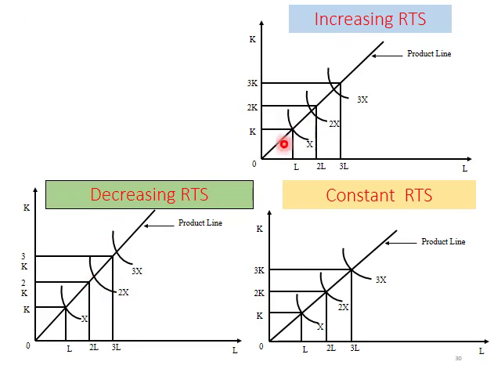And in this case, the first one is K and L, and when we double labor and capital to 2L and 2K, the output is above 2x, above double. So it is increasing return to scale. And this one is when we double the input, the output will be doubled. So this one is constant return to scale.